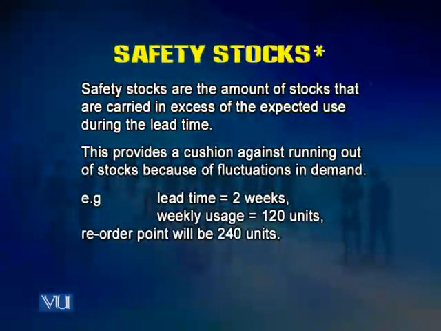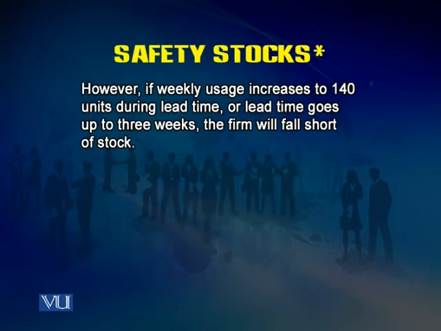For example, lead time equals 2 weeks, weekly usage is 120 units, reorder point will be 240 units. However, if weekly usage increases to 140 units during lead time, or lead time goes up to 3 weeks, the firm will fall short of stock.